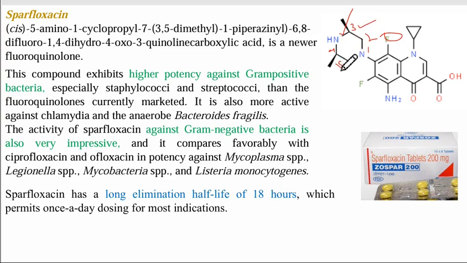So generally at positions 3 and 5 you have dimethyl along with the difluoro, and this is generally a newer fluoroquinolone, which is marketed as Zagam, that is sparfloxacin. It has a longer elimination half-life, and due to the 3-carboxylic and other fluoroquinolone features, it has greater antibacterial potency.